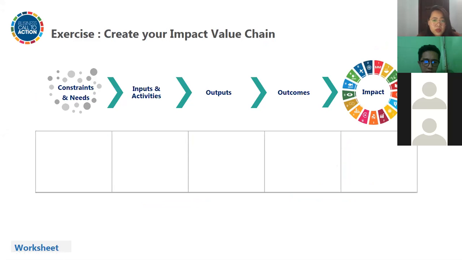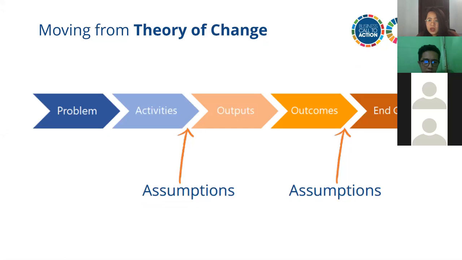In layman's term, hindi kasi ang labo rin nitong tawag dito ng impact value chain, because they use the words outputs and outcomes, but actually what it's trying to ask from you is the different types of terms of goals you have. So the difference between an output and an outcome is, in an output, it is the immediate results.